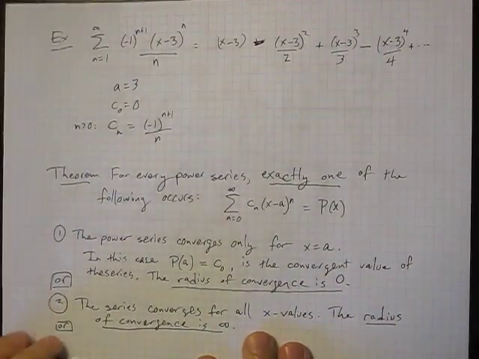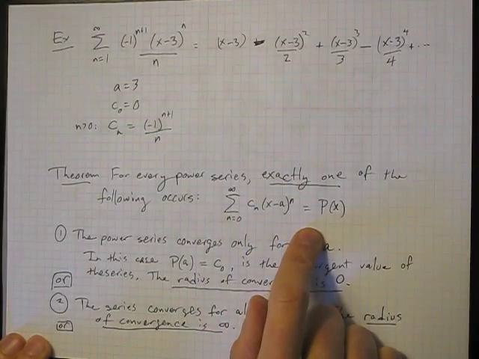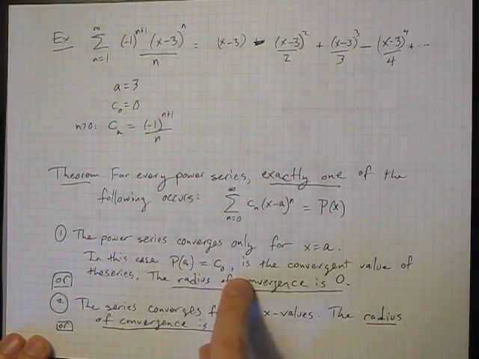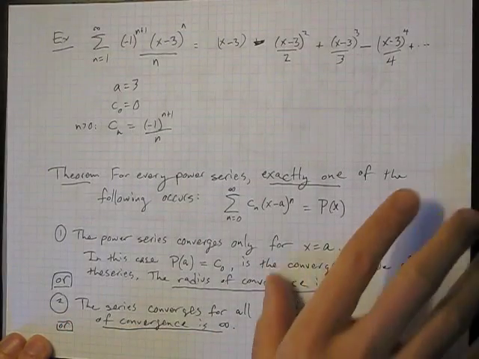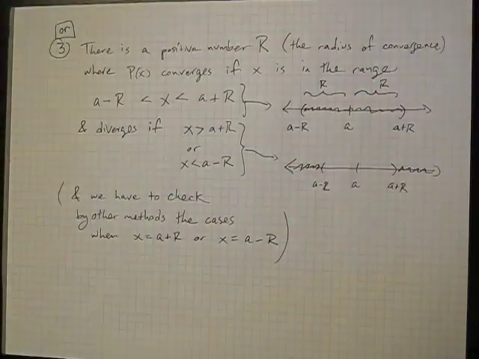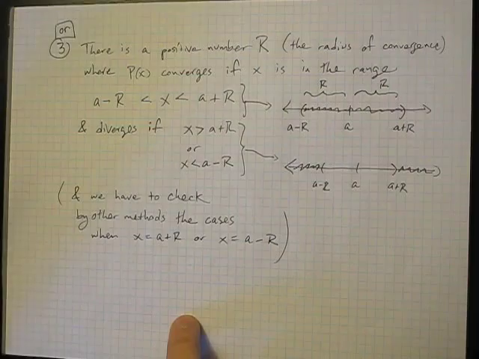So I'm just going to review this with you really quick. Exactly one of the three following things occurs for a power series. Either it converges only at the center, or it converges for all x values, or it converges for a small window around the center. Okay.